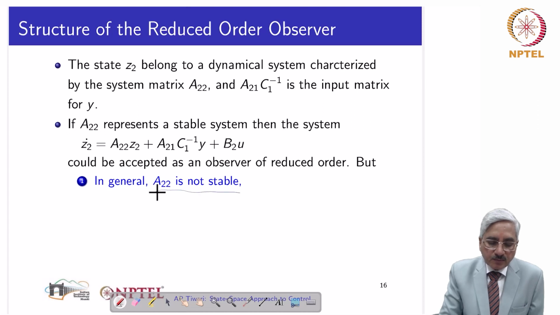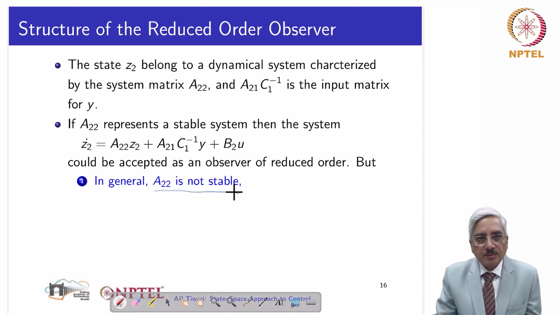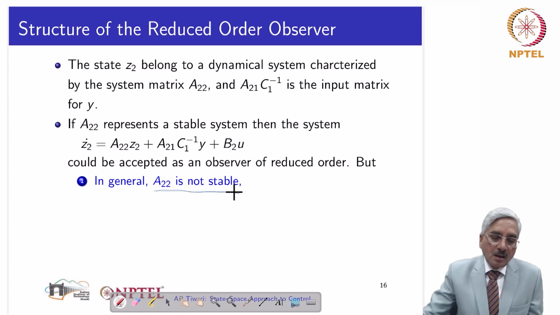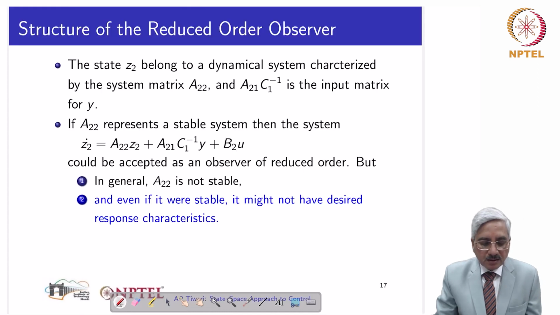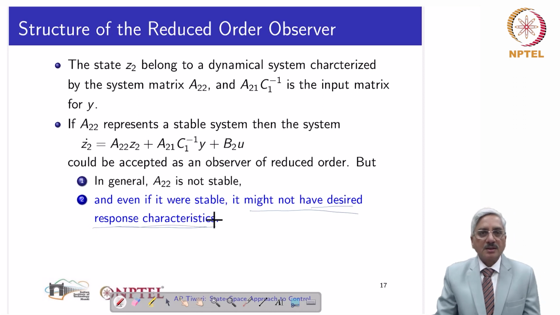First of all, in a general situation, A22 is not expected to be stable. Its eigenvalues are not expected to be in the open left half s-plane. Some of them may be in the region of stability. However, even if it represents a stable system, the eigenvalues may not be at very nice locations to yield good response characteristics.